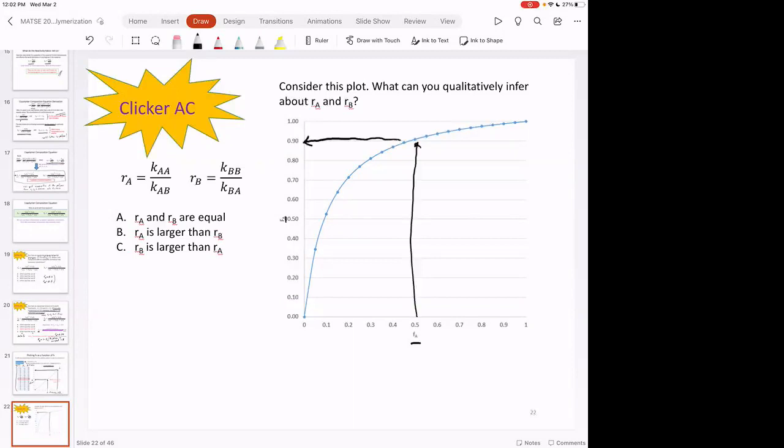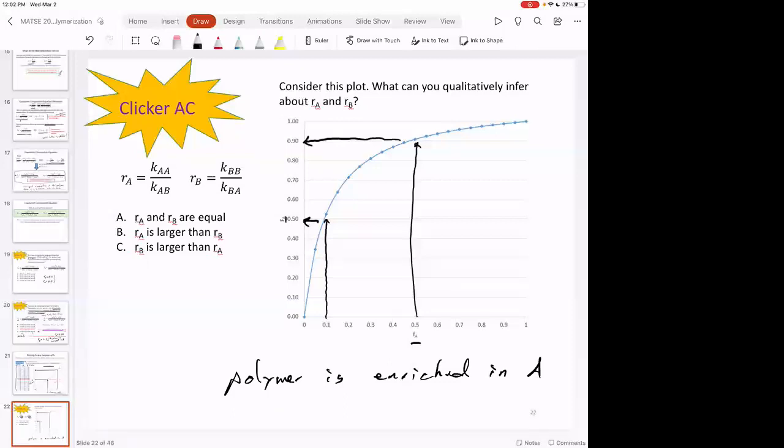So right away from this plot, if I even put in a little bit of monomer A, I'm still getting an awful lot of A in the polymer. So the polymer is enriched. What monomer is enriched in this polymer? A.